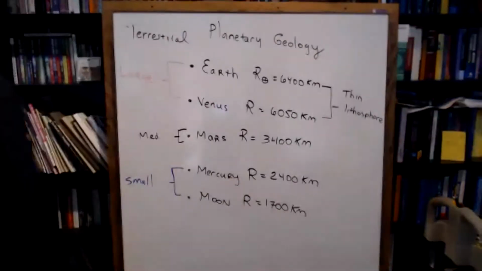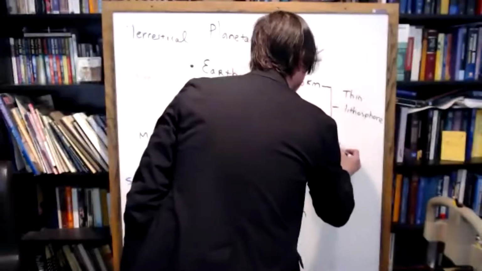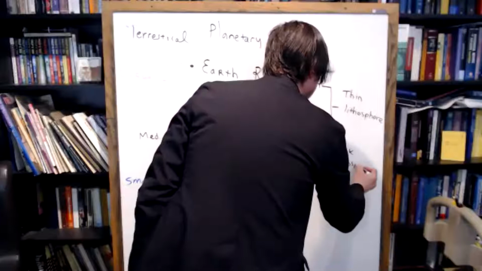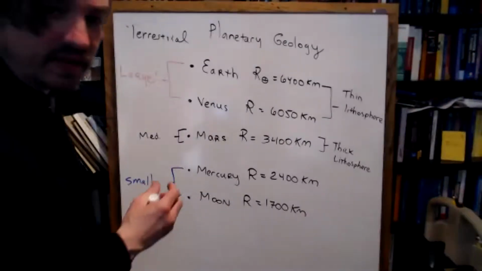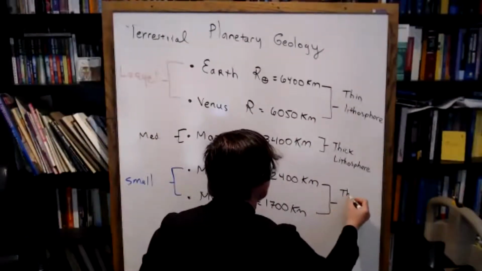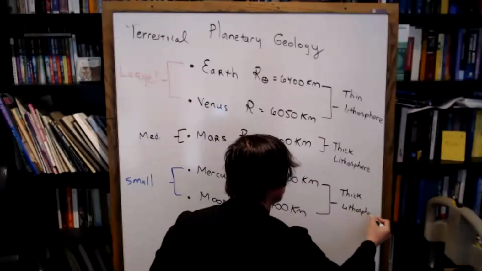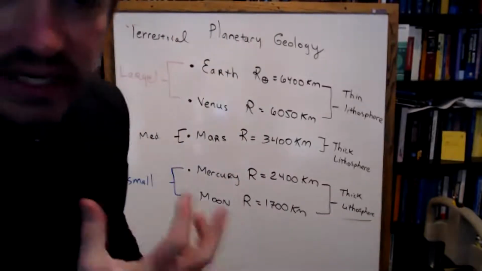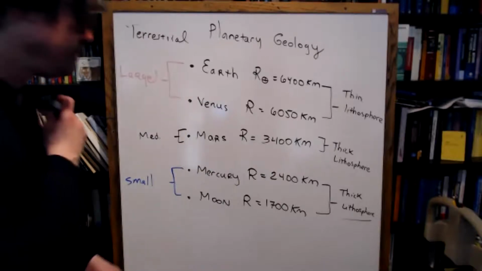Mars has an extremely thick lithosphere, maybe about half of its radius. Although Mercury's is a little bit strange, these planets also have thick lithospheres. And this gives us an indication of how much interior heat a planet has and how geologically active it might be.